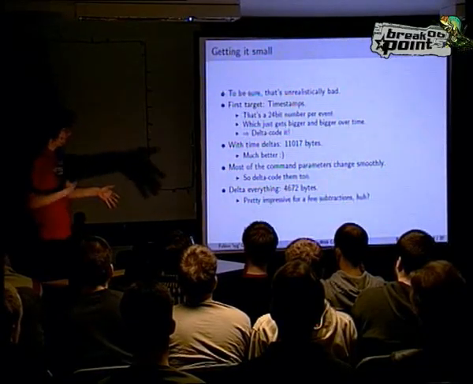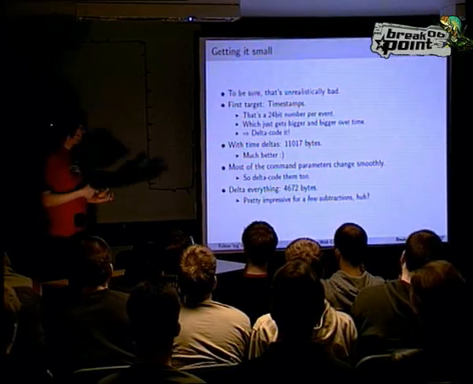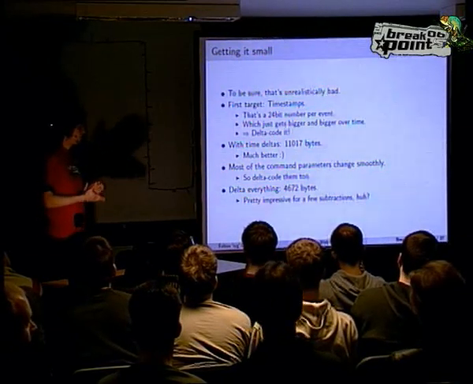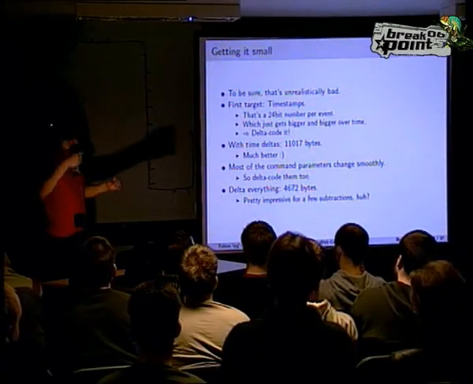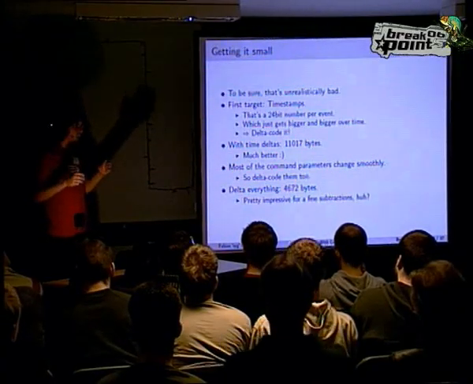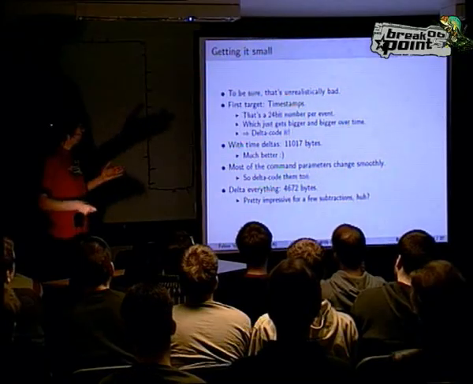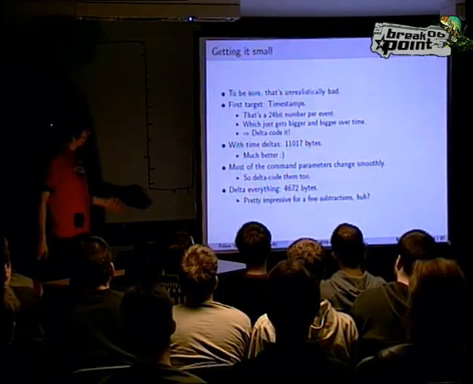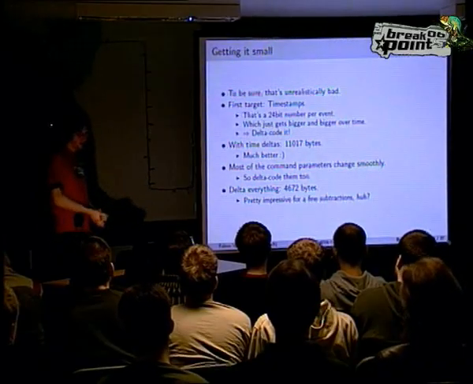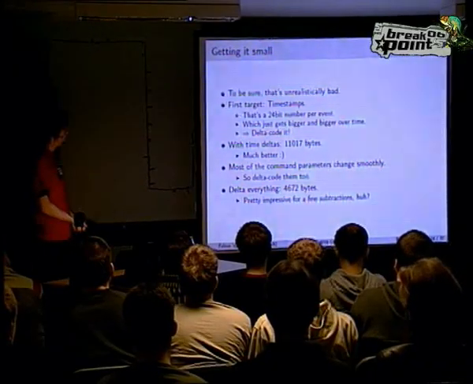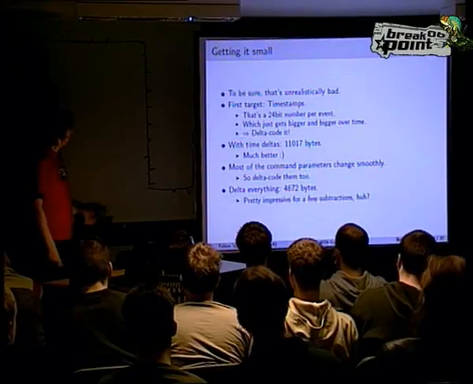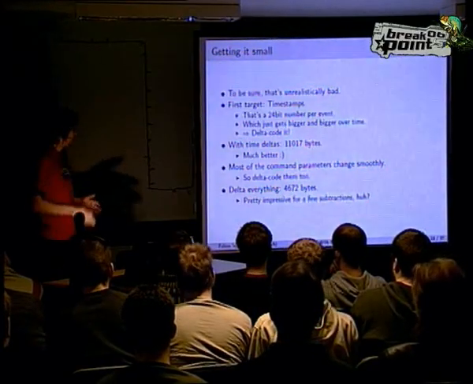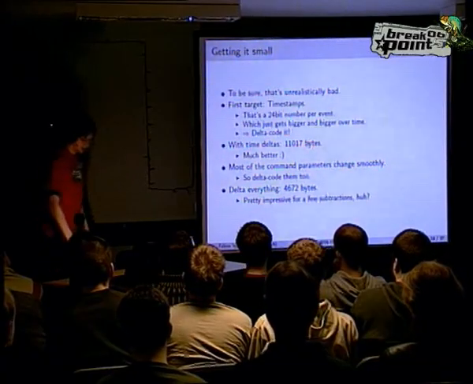And similarly, you can do this for the command parameters, which can be both node numbers and volume changes and so on. Most of that changes very smoothly or gets repeated a lot during the run of the music too, so we can delta code them as well. And if you do this on everything, you're down to 4.5 kilobytes, which, looking at the fact that we just did a few subtractions to get there, is really quite amazing.